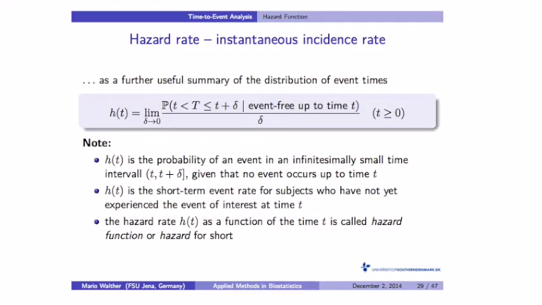In other words, the hazard rate is the rate that you survive up to time t, and just at that time point t you will die. And this number gives you the hazard rate.